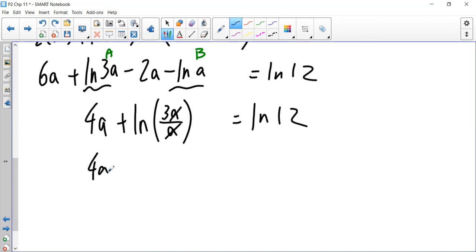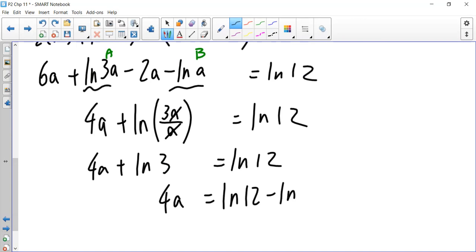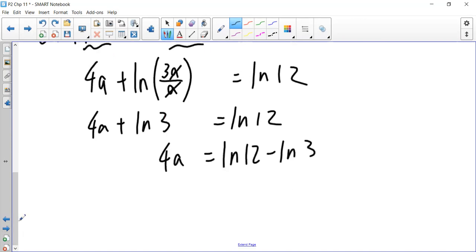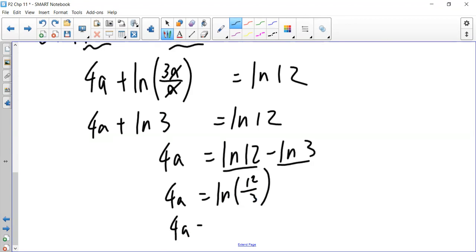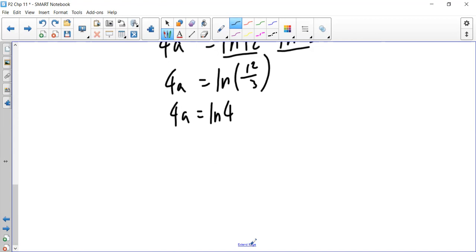So 4a plus ln 3 equals ln 12. You can bring the ln 3 through to the right hand side: 4a equals ln 12 minus ln 3. Again, log a minus log b is the same as log of a over b. So 4a equals ln 4. Dividing by 4, a equals a quarter of ln 4.